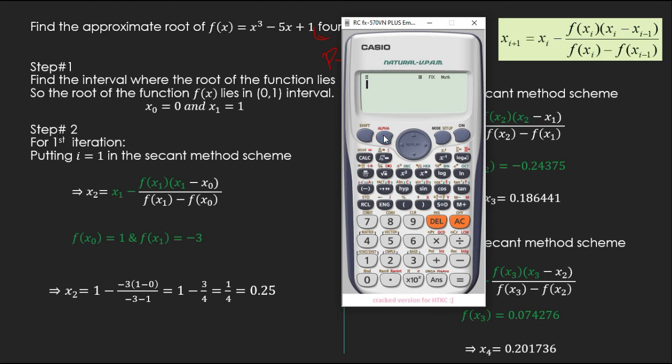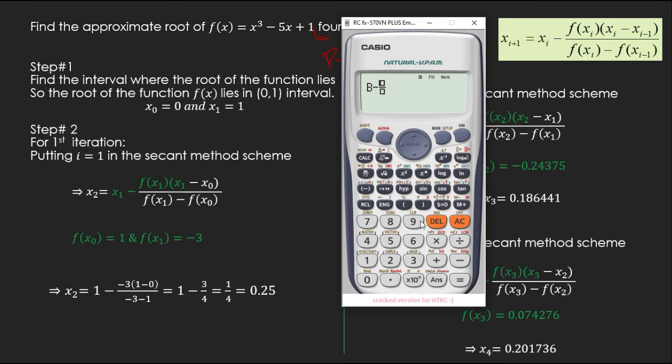So alpha xi, for xi I am using b, alpha b minus, what we have, f of xi, so I'm using b for xi. I will write this function in terms of b.